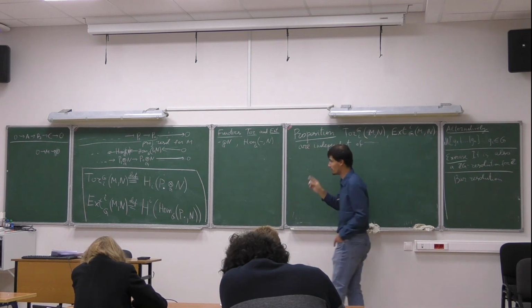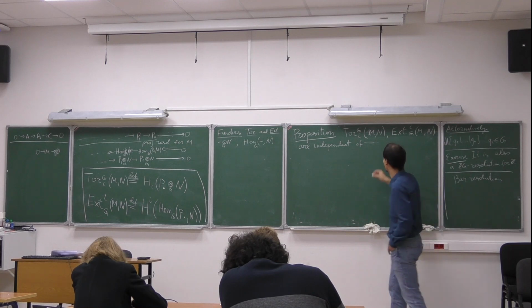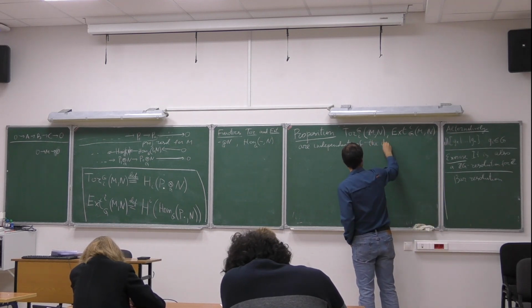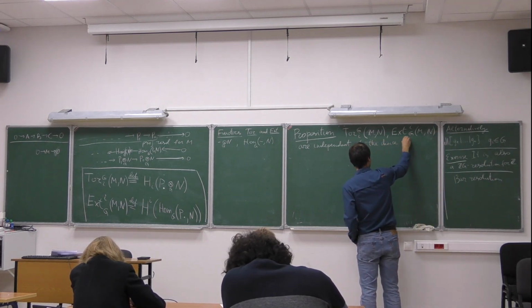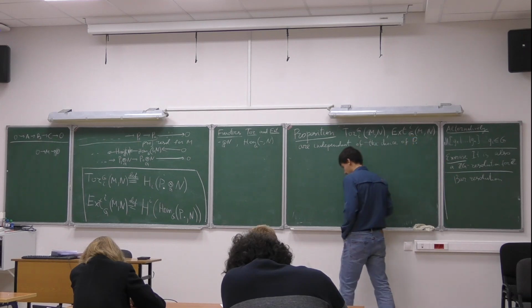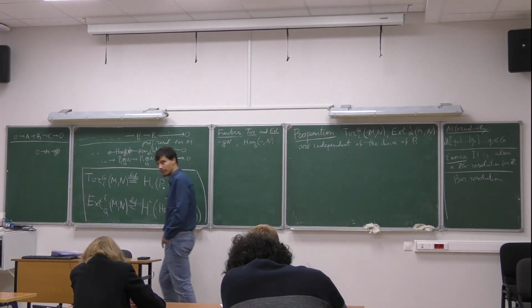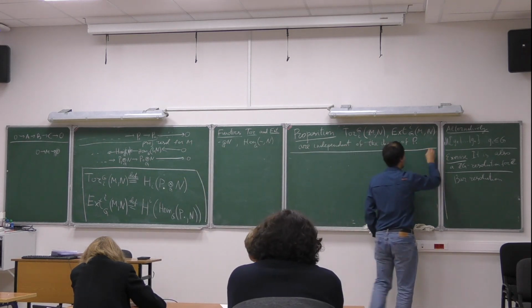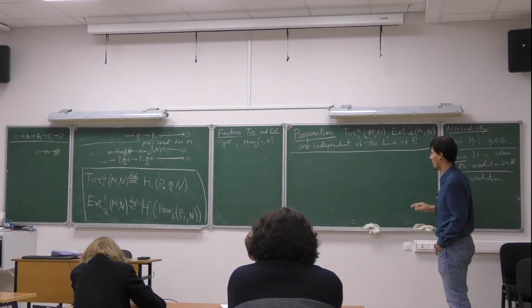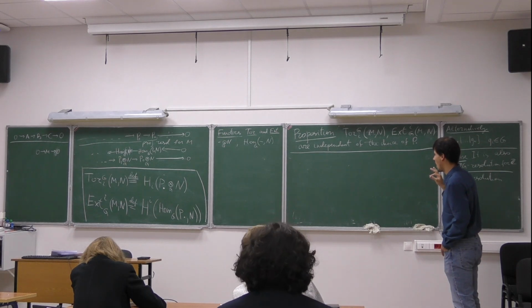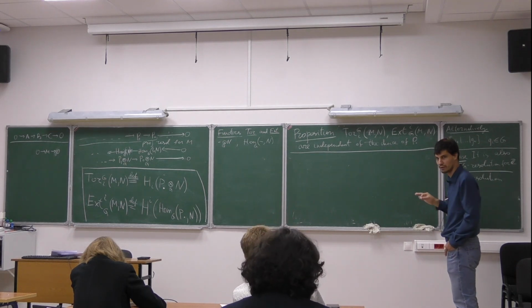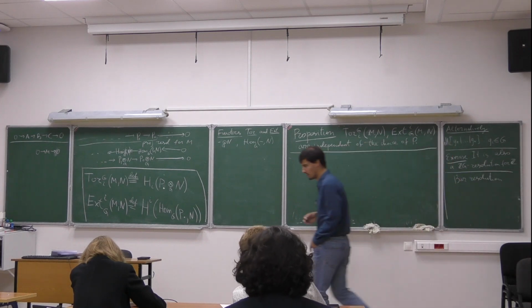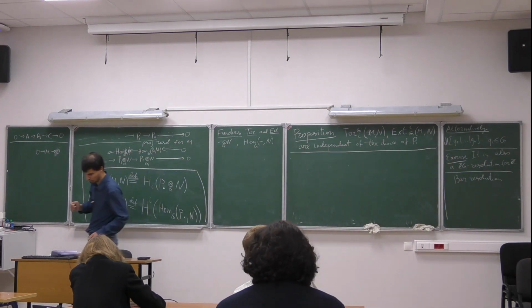But it is important that the resolution is projective. I will prove this for Tor, and for Ext it is completely similar, and so I will skip this proof for Ext.